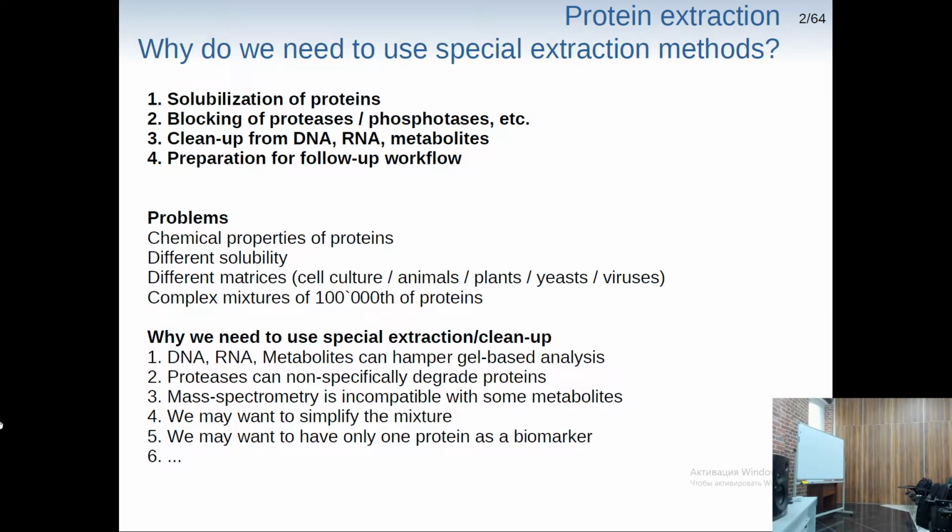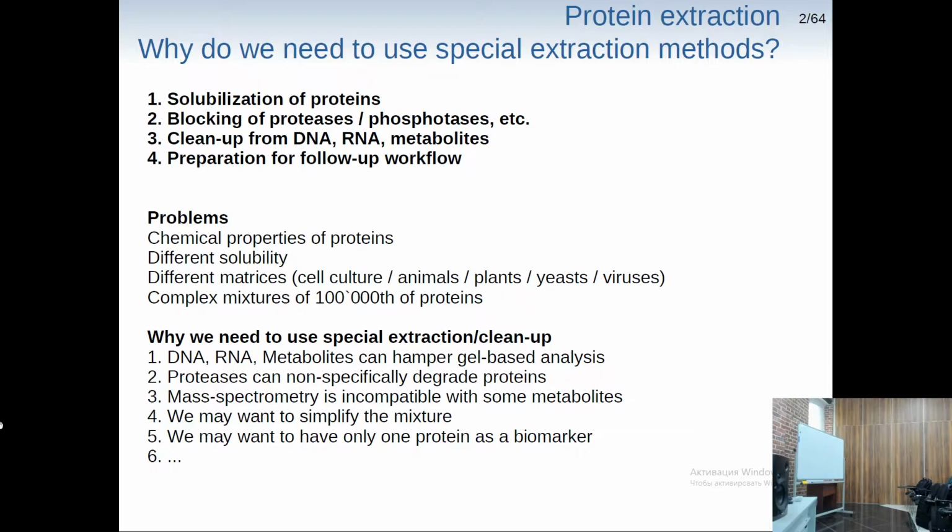For other cells, it's not a problem. For instance, for mammalian cells, you can just add some detergent like SDS or Triton X-100 or whatever, and they will be readily accessible. And what we'll get at the end is a complex mixture of hundreds and thousands of proteins.